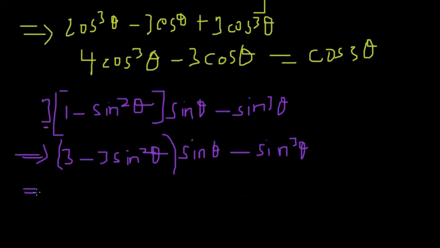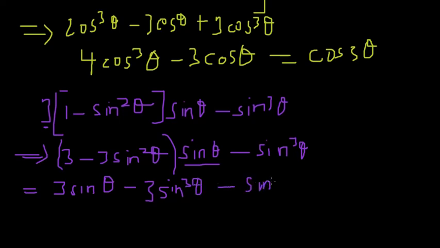So this multiplying this will give us 3 sine theta. Then minus this multiplying this will give us 3 sine squared multiplying sine theta. That's indices, so when they are the exponents we add them. So we have sine cubed theta, and then minus sine cubed theta.